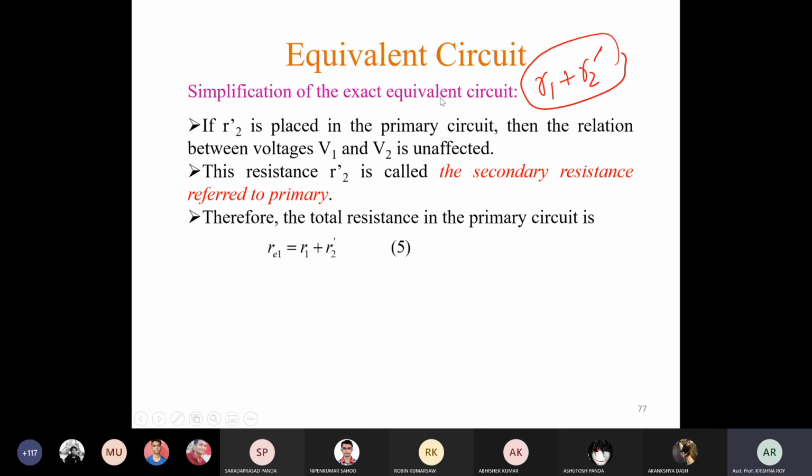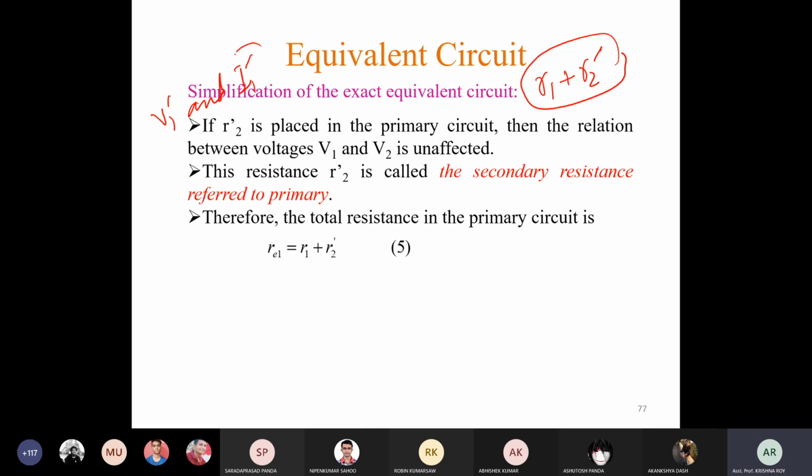So RE1, that is the total resistance in the primary circuit, is equal to R1, that is the winding resistance of the primary side, plus R2 dash, which is the secondary winding resistance referred to primary. This dash notation is used for denoting the referred quantities, but do not get confused with V1 dash and I1 dash.